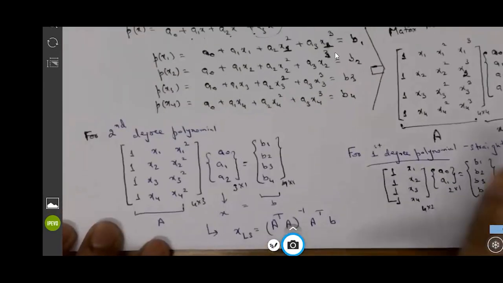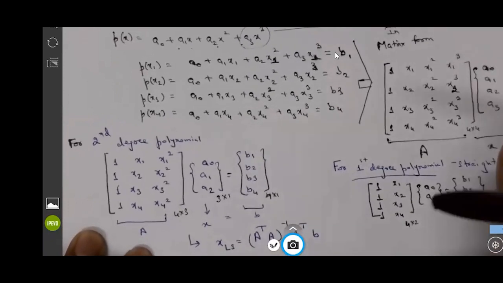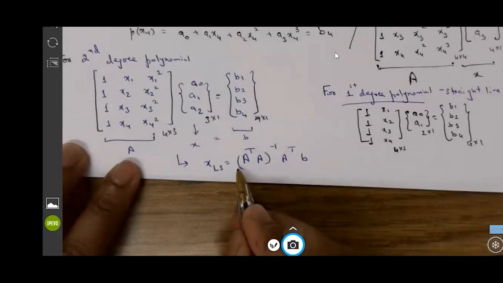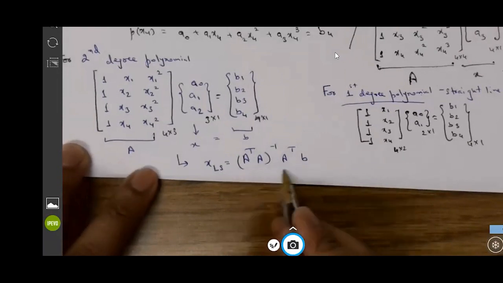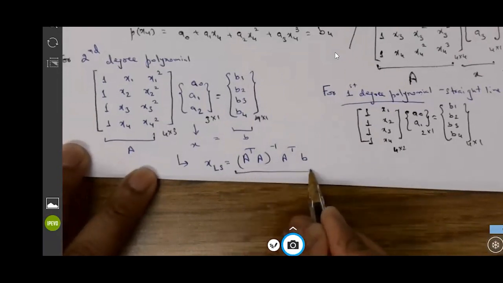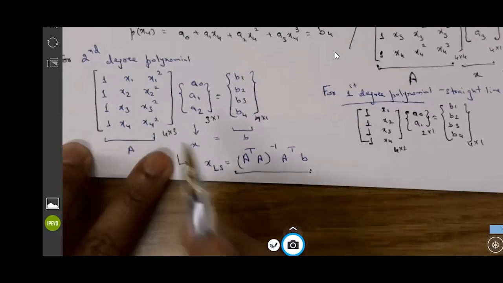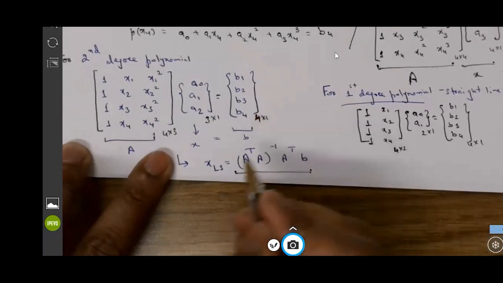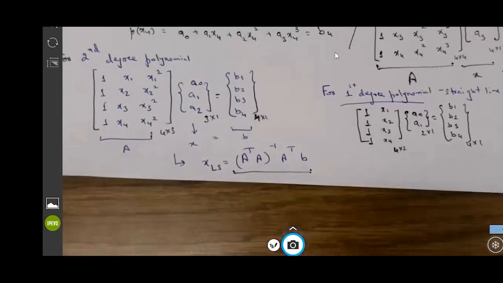The output of this, you can verify it yourself. I will ask everyone in the class to see what the dimension of this specific matrix would be. If A is given as 4 by 3 and B is 4 by 1, what will be the output of X? What is the dimension of X? Can you quickly find it out?